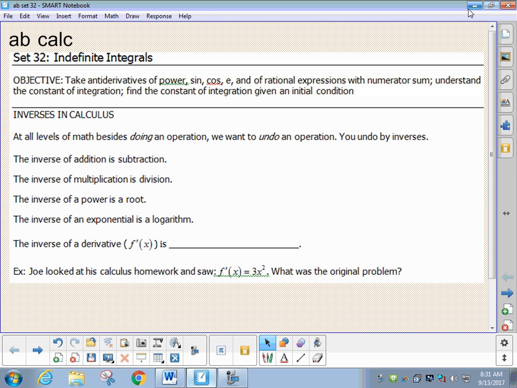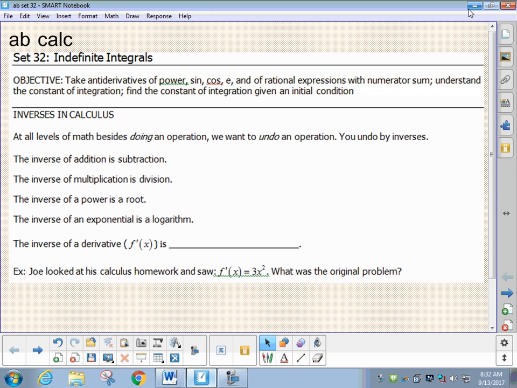So the idea today is what's called indefinite integrals. A bit of vocabulary there, but let's start with the idea that all levels of math have inverses. There's all these verbs or actions: add, subtract, multiply, divide. Anytime you do an operation, you sometimes want to undo the operation.